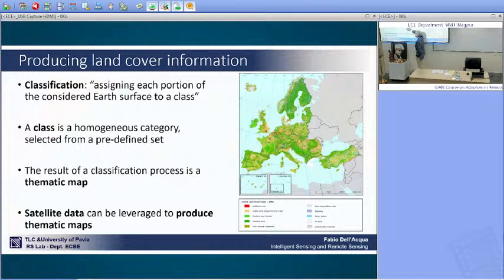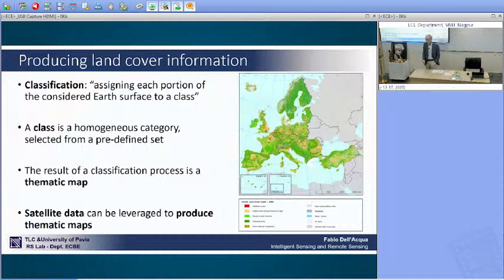We will discuss this. More interesting to define here is the result of this classification process, which we call a thematic map. Okay, so a thematic map is a map, regardless of whether it is an actual map in a classical sense.